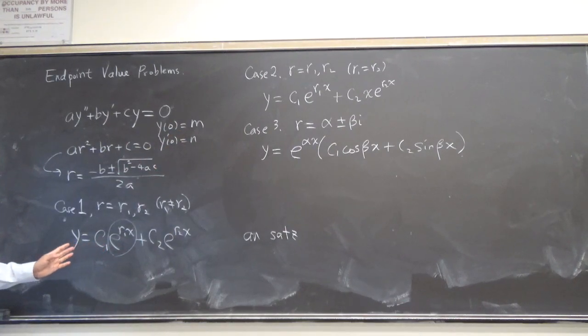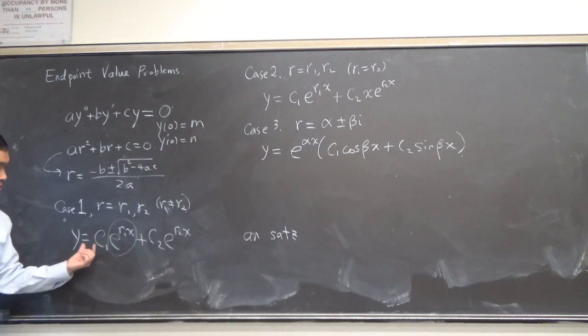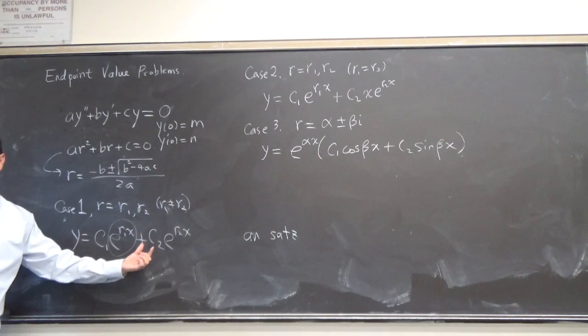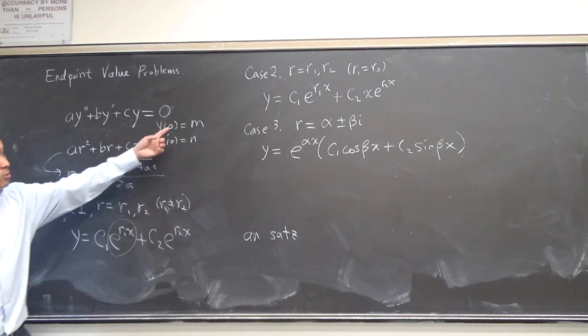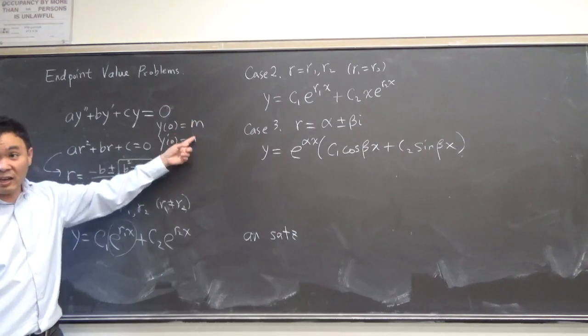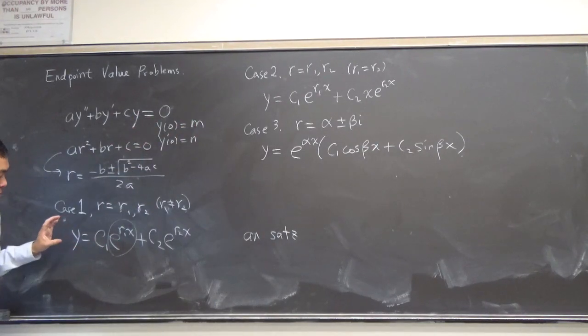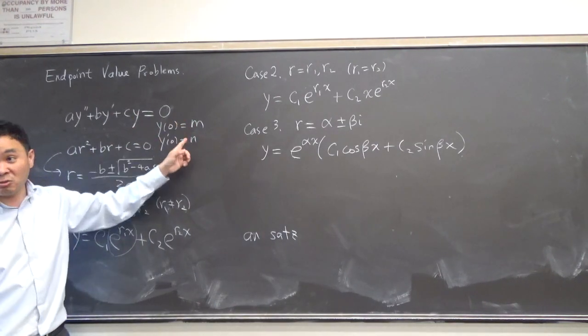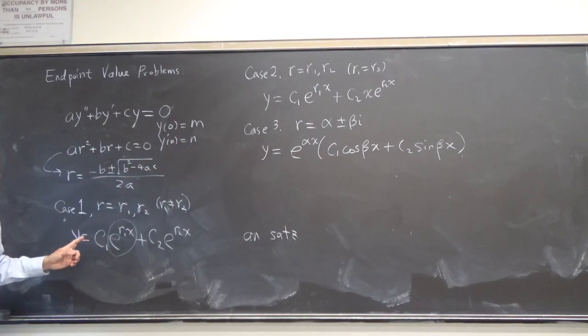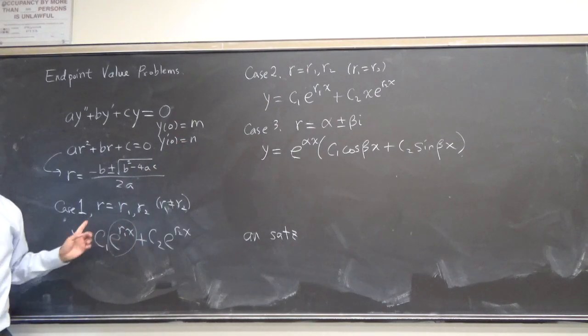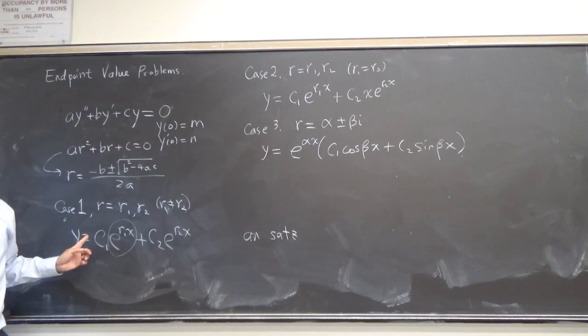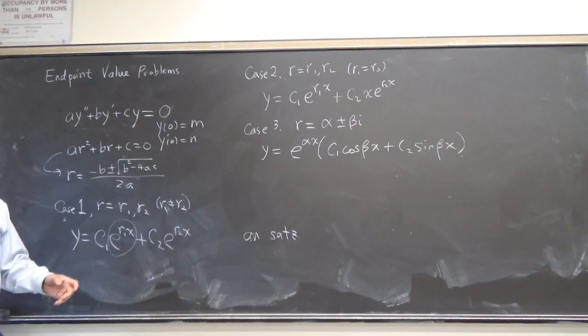And that's why if you see the solution, you get c1 and c2. Because if you need to get a unique solution for two initial conditions, then you better have exactly two free parameters. It would be very strange if you just had one or three. It has to be exactly two. That's why you have c1 and c2.